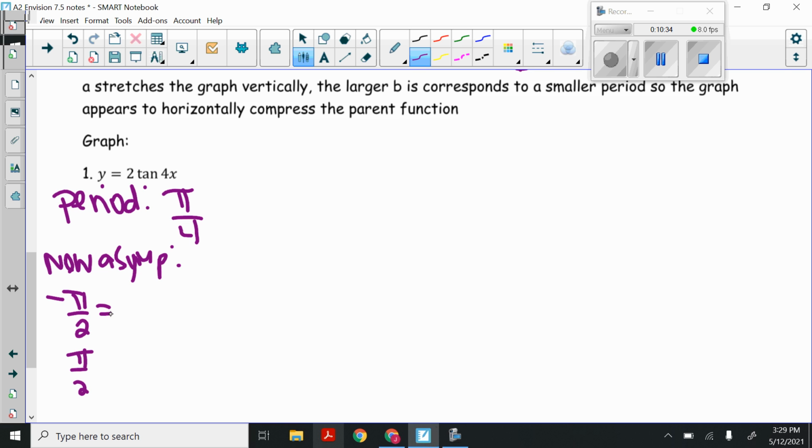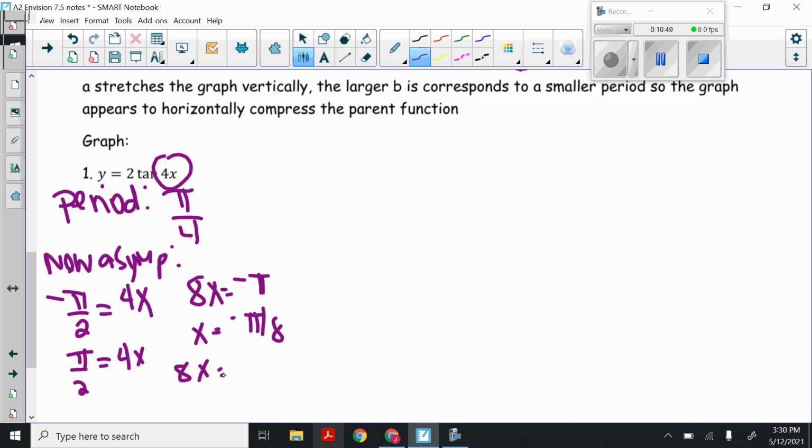Set it equal to this, 4x. Cross multiply, solve for x. So when I cross multiply here, I get 8x equals negative pi. So x equals negative pi over 8. Here I get 8x equals pi. So x equals pi over 8.